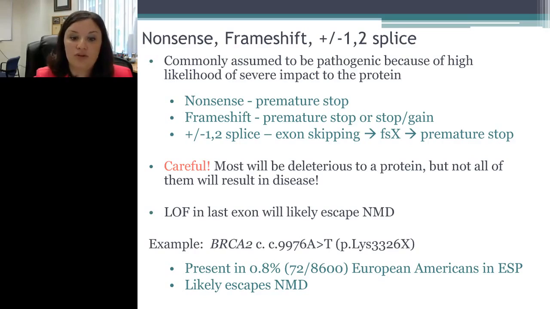And on top of that, we know that it's present in 0.8% of European Americans in the Exome Sequencing Project. So what we think is probably happening is that this variant likely escapes NMD. Certainly the population frequency of this variant is much too high to be leading to Mendelian BRCA1 and 2 associated cancer. And so this variant has actually been classified as likely benign by many different laboratories. So it's always good to look at where the variant is, and then sometimes population frequency data can give you a little bit more information, which is great.